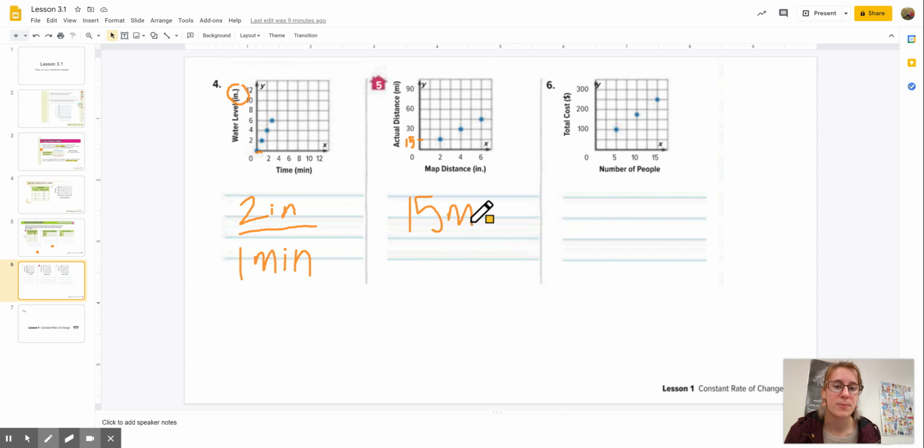Miles, you cannot just put M, it has to be MI. M is meters, not miles. Then the distance you traveled on the map is 2 inches. So 15 miles on the map is 2 inches. That's used a lot of times in cartography when you're talking about making maps or reading maps.